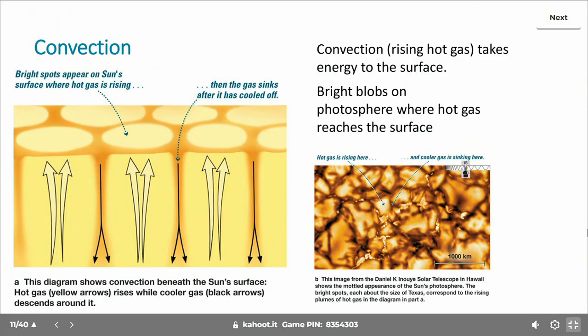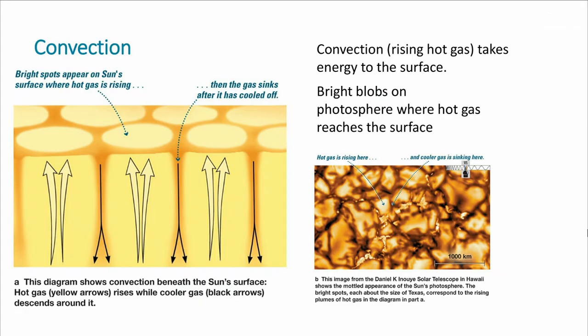That convection zone is responsible for basically what we see on the surface of the star. So when we look at the surface of the sun, it's not necessarily just a uniform sphere of light, but it's got this kind of granular texture on the surface, and that's because of these convection cycles.